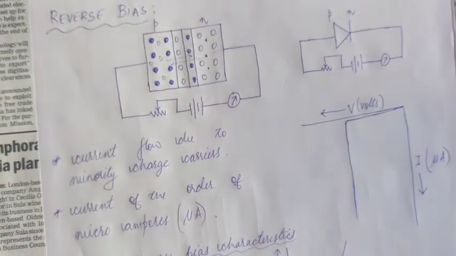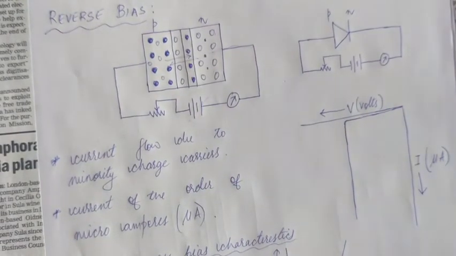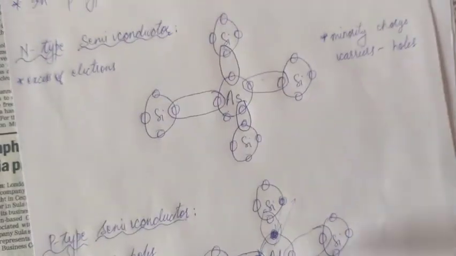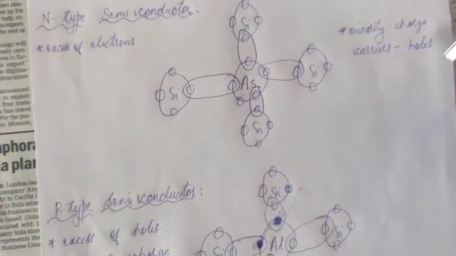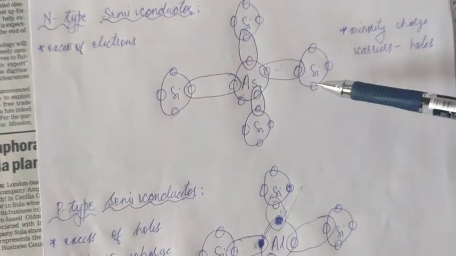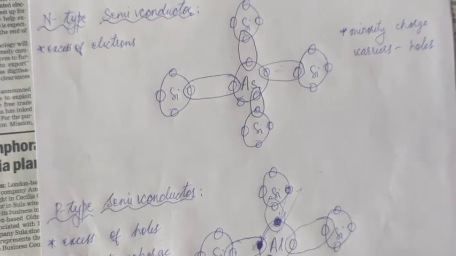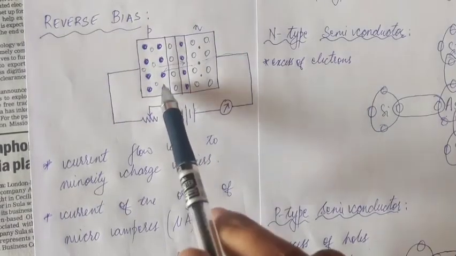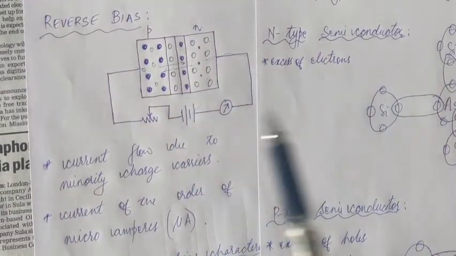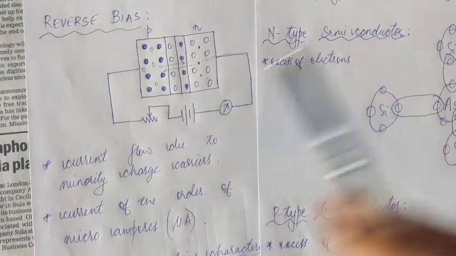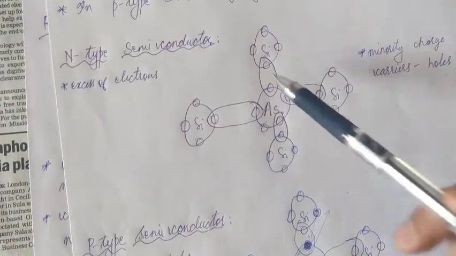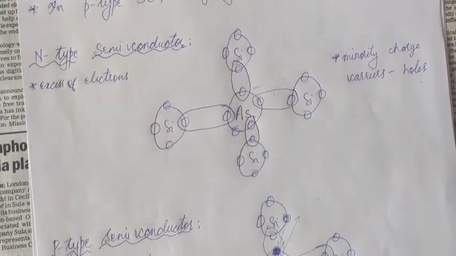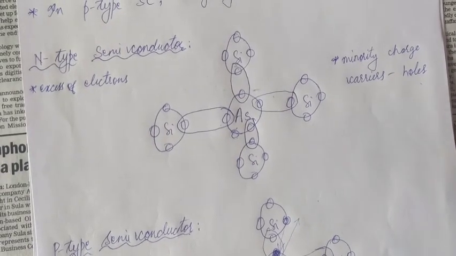We know that in an extrinsic semiconductor, be it P-type or N-type, the electrons are bound by covalent bonds. I'm trying to tell you why there is an avalanche breakdown. As we go on increasing the value of negative voltage in the reverse bias, this provides enough energy to break the covalent bonds, which are weak bonds compared to electrovalent bonds. You must have studied this in chemistry.